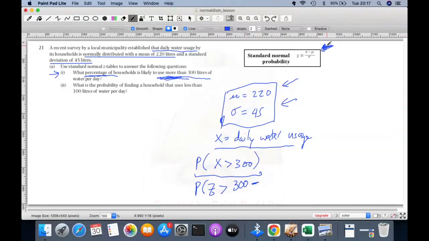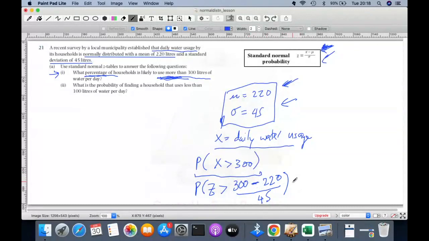Following the exact same thing I see in this box, minus its mean, mu, which is 220. Then I divide that by sigma, which is 45. And that will give me a Z value.